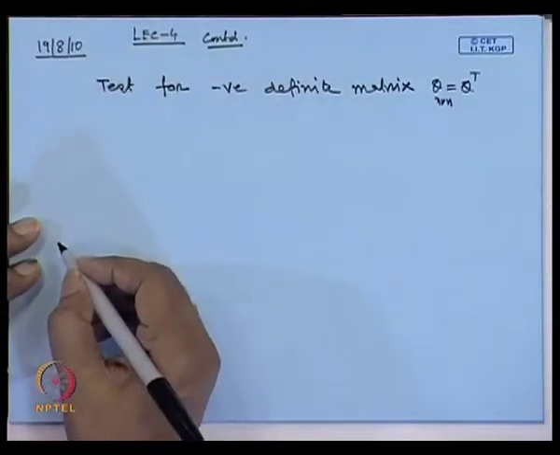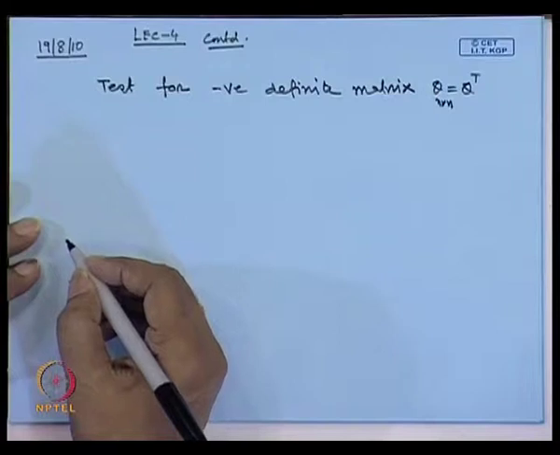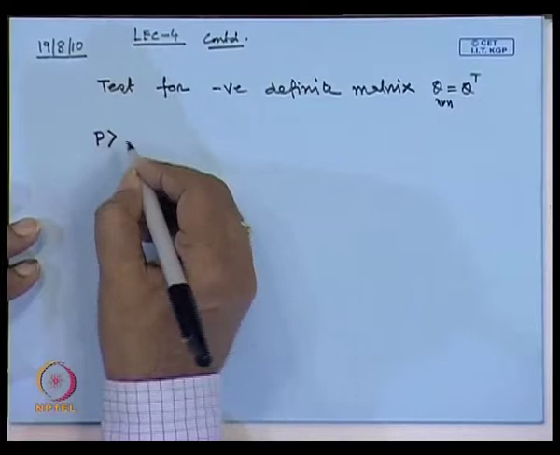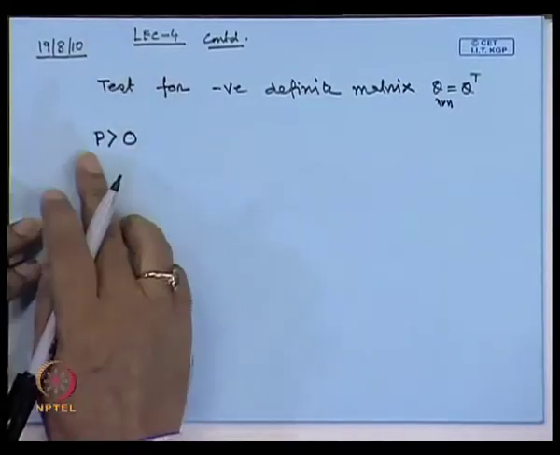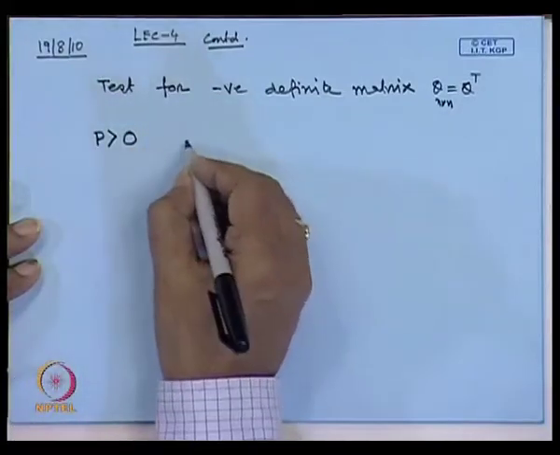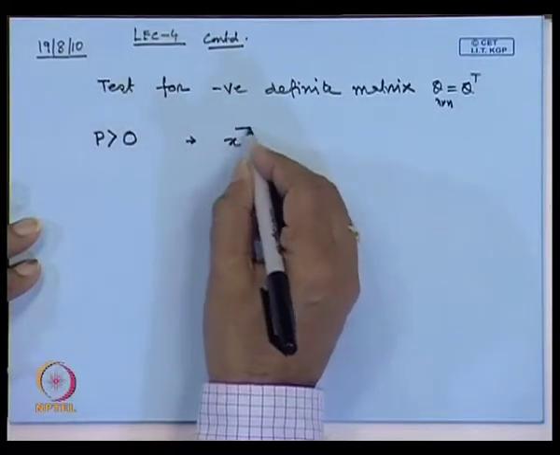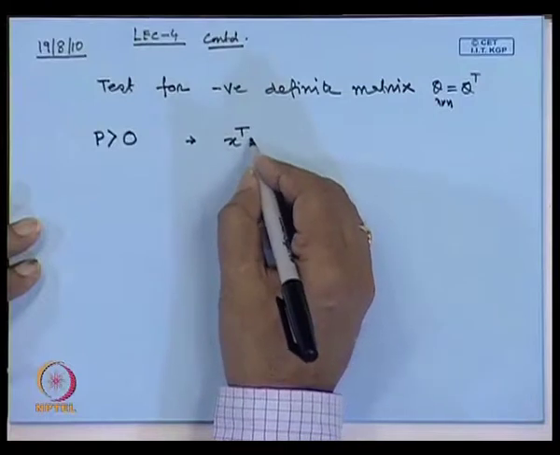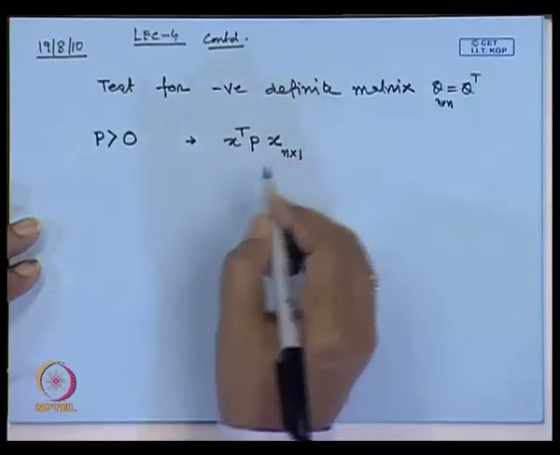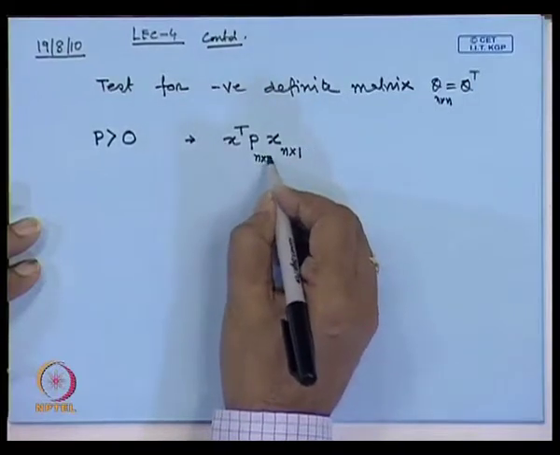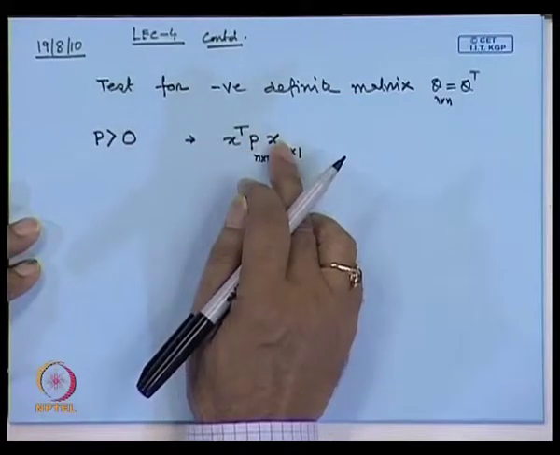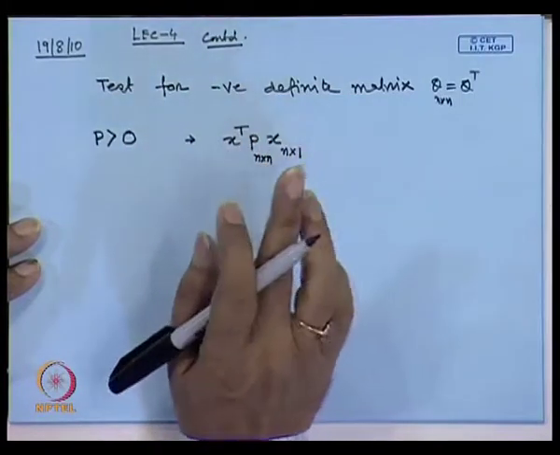If you recollect the positive definite matrix test from our earlier discussion, P greater than 0 indicates that P is a positive definite matrix. In other words, if you form a quadratic function with P and x, where x is any vector of compatible dimension with P, pre multiplied by x transpose and post multiplied by x, it forms a quadratic function.